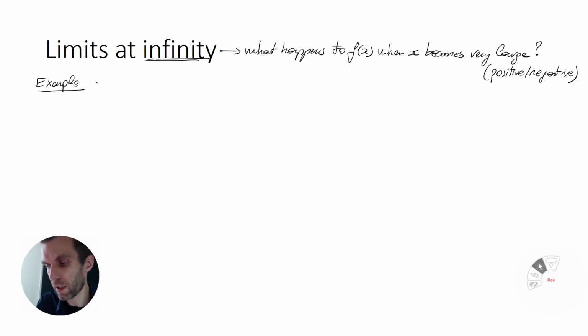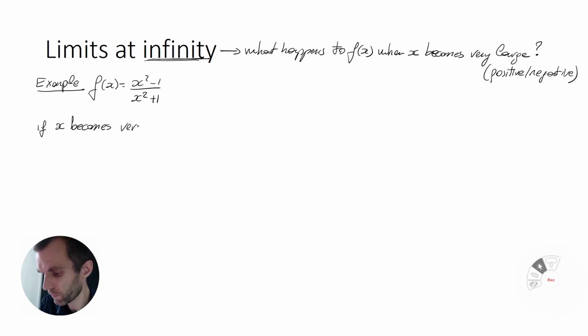So here we take f of x equal to x squared minus 1 divided by x squared plus 1. And so we want to know what happens if x becomes very large. And we'll also denote that as x goes to plus infinity.